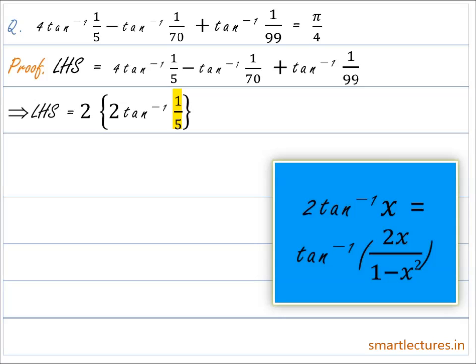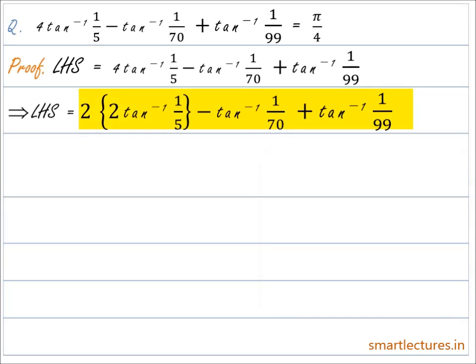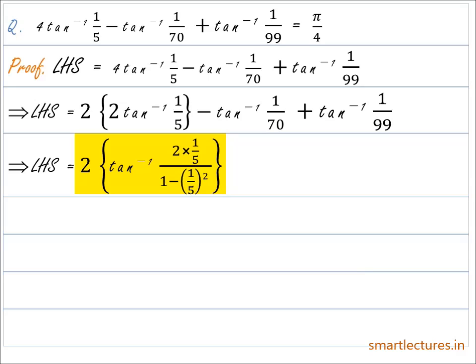So here we can use this property. So now the left hand side becomes 2 into tan inverse 2 into 1 upon 5 divided by 1 minus 1 upon 5 whole square, and minus tan inverse 1 upon 70 plus tan inverse 1 upon 99.